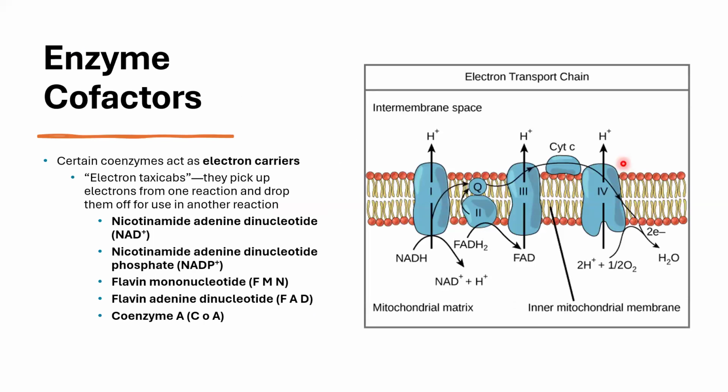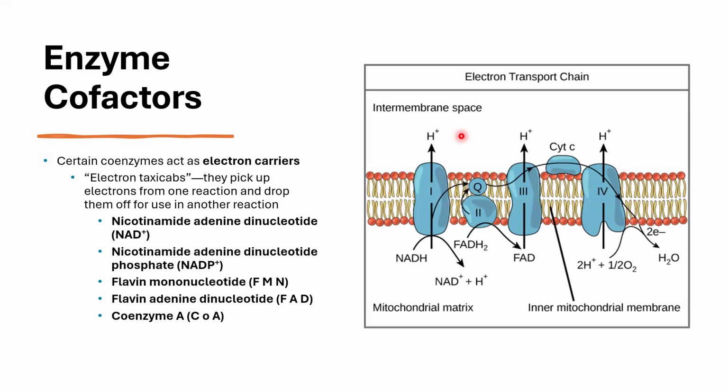And so we have a bunch of different cofactors that can be used in this electron transport. We've got NAD+, NADP+, flavin mononucleotide or FMN, FAD, coenzyme A. All these different things are used as electron carriers.